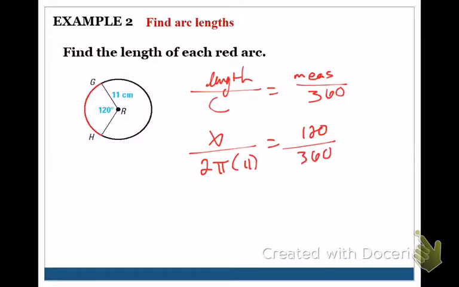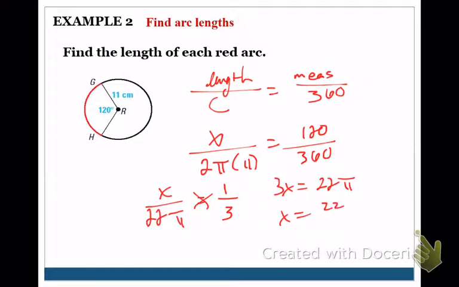We can do some simplifying here before we find the arc length. This is x over 22 pi equals 120 over 360, which reduces down to 1 over 3. And then we're just going to cross multiply. You get 3x equals 22 pi, divide by 3, and you get 22 pi over 3, which is the exact arc length.